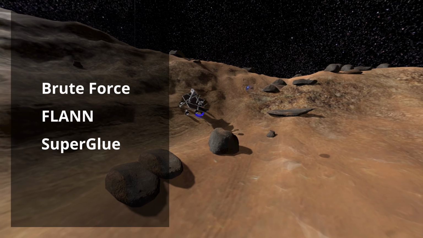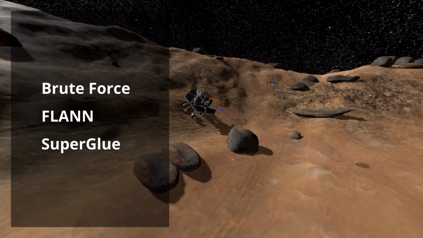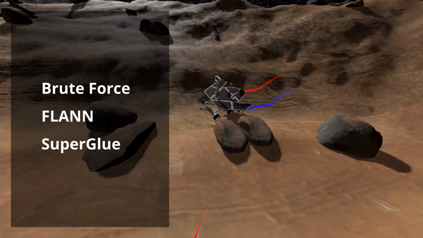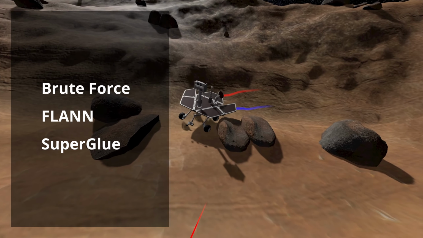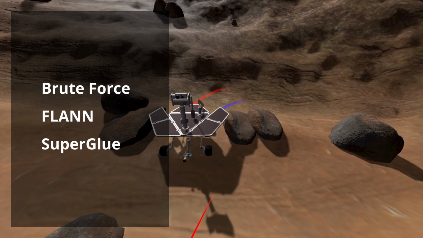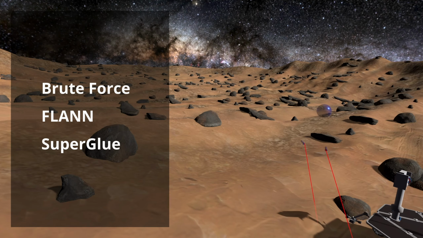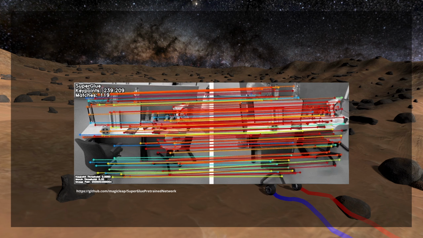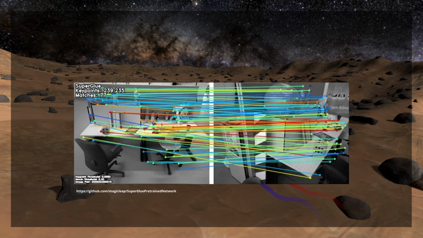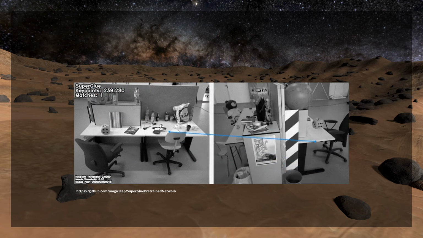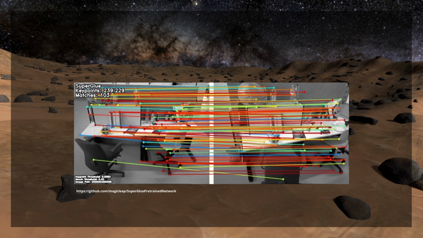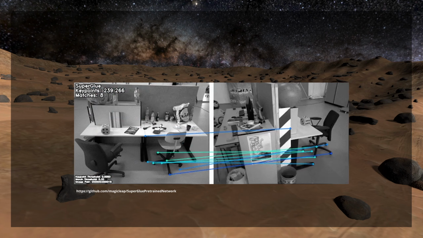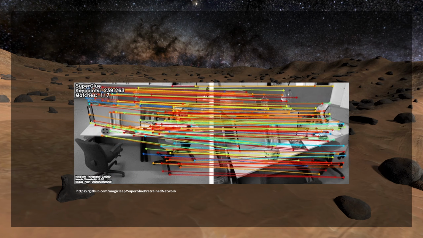And a different approach would be using neural networks, and SuperGlue is a neural network specifically trained to match feature descriptors using a deep neural network. And in this animation below, you can see the SuperGlue network at work trying to match features from two images. And on the left, you can see the base image. On the right, you can see the same scene with a transformed view.